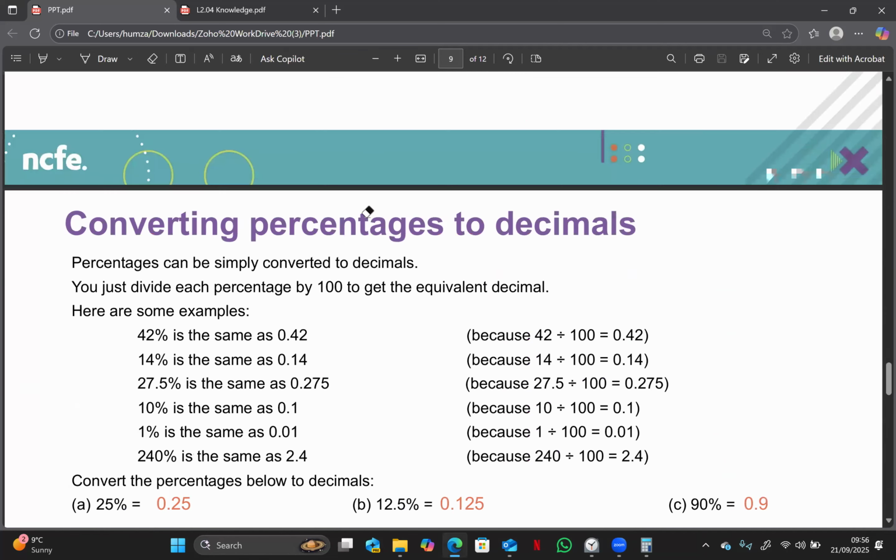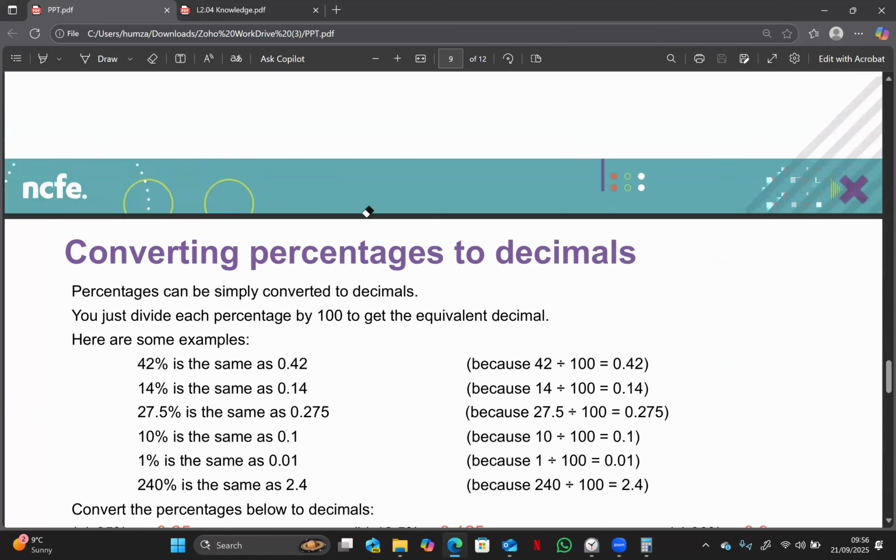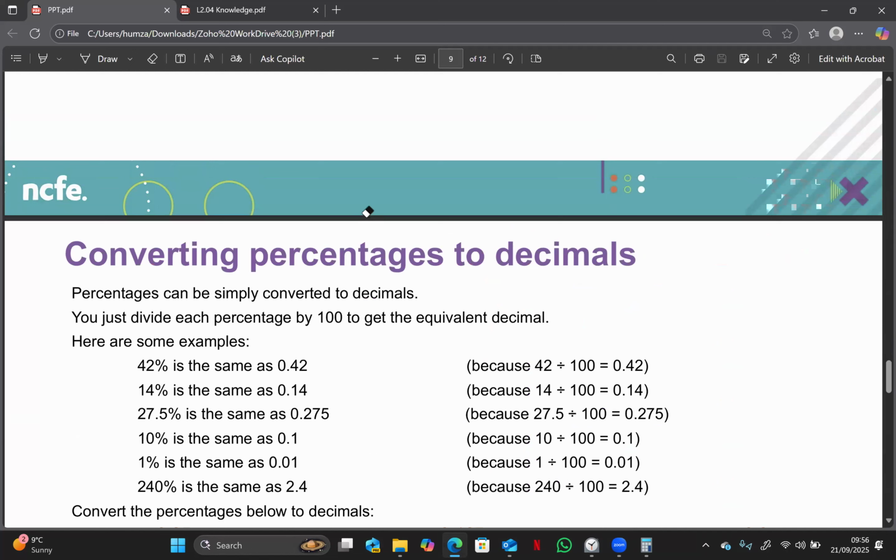Converting percentage into decimal. So how do we convert a decimal into a percentage?